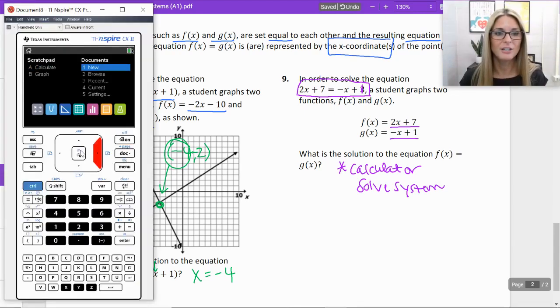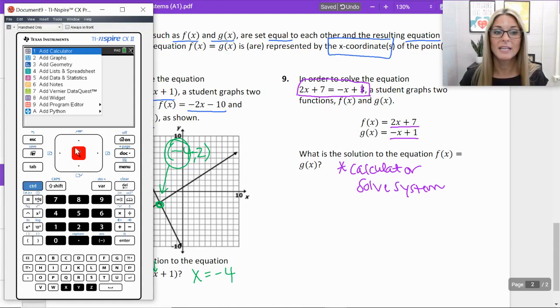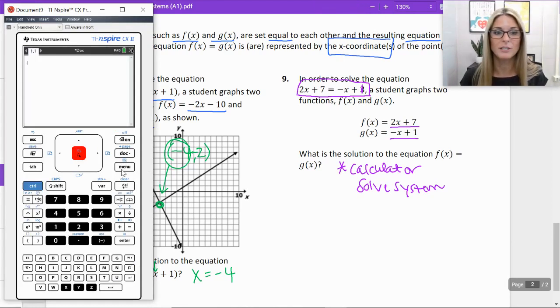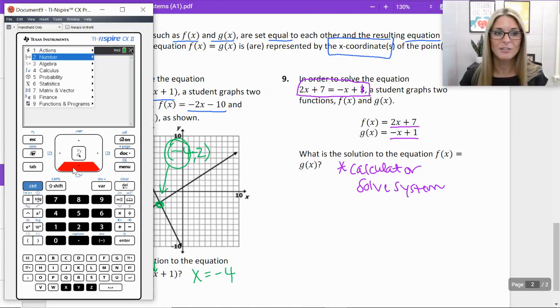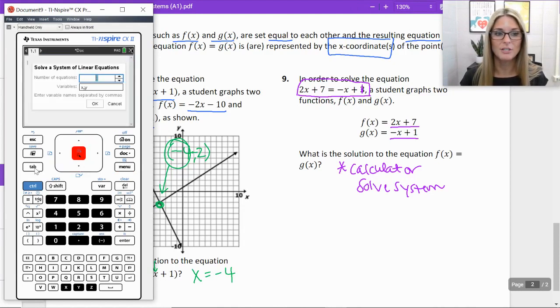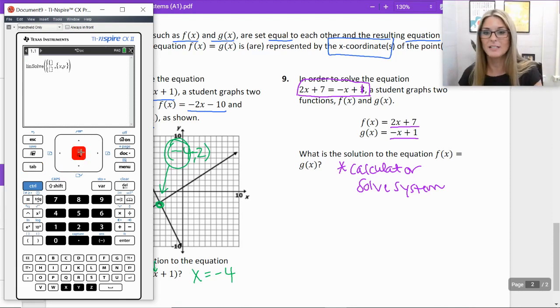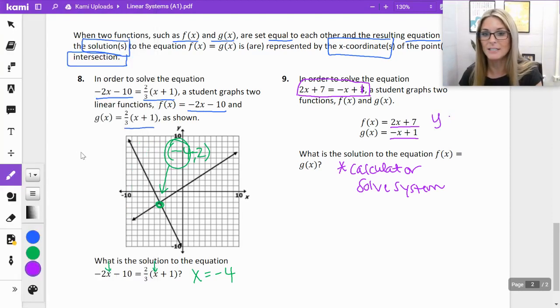So on my calculator, new document, going to the calculator page, because we are going to go menu, algebra, solve systems of linear equations. We've got 2, tab to OK. This is my system. Now careful, because f of x represents y. I'm going to type in y equals 2x plus 7 as my top equation and y equals -x plus 1 as my bottom equation.